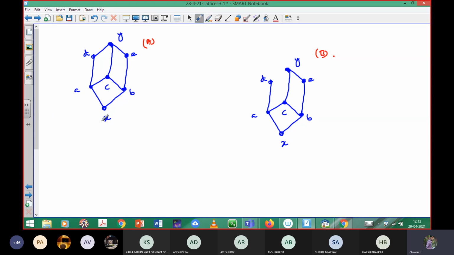So now I should check between every pair of vertices. Like better I can just choose x star a and then x plus a. That means GLB of x and a, LUB of x and a. So to determine GLB of x and a, first I need to know LB.